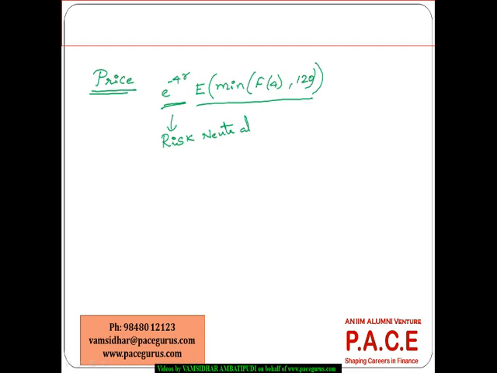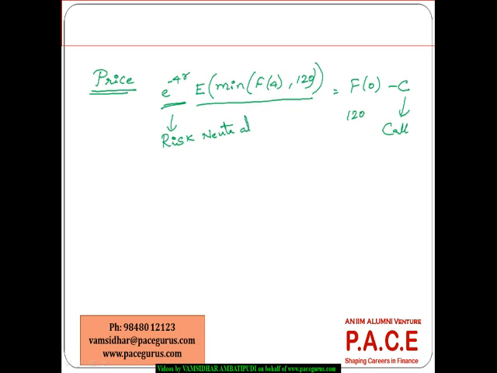So this entire value should be equivalent to f of 0 minus c, which is a typical value of the call option, which is having a strike price of 120.